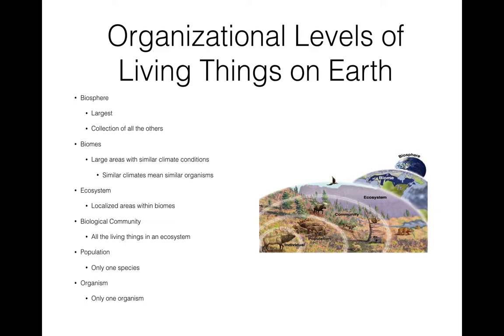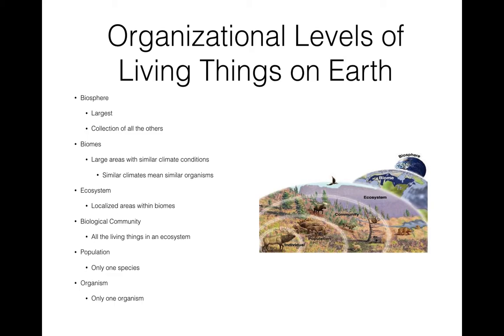That would be all the organisms interacting with each other. Within those communities, there are populations, which would be only one species of a particular organism. Within that population, there are individuals, and those individuals we would refer to as organisms. So in general, a group of organisms makes up a population.